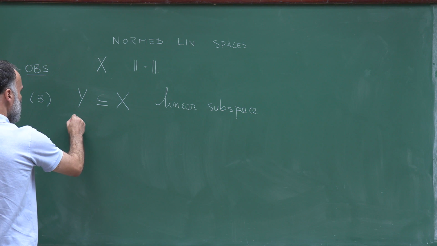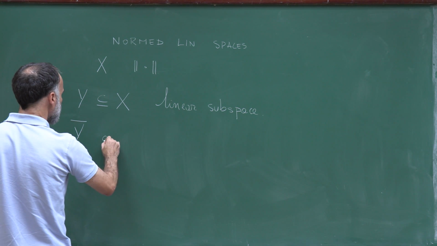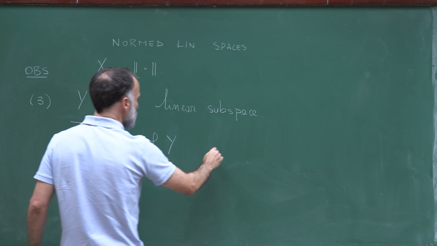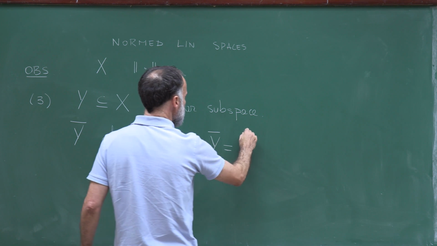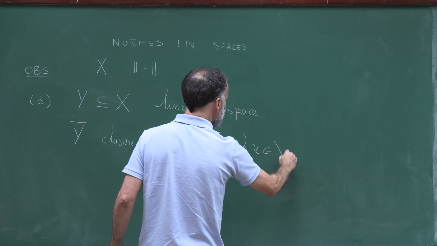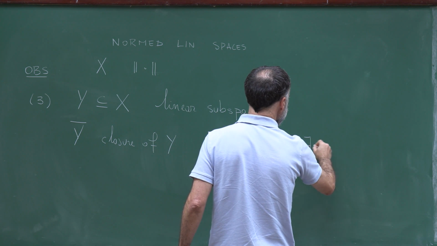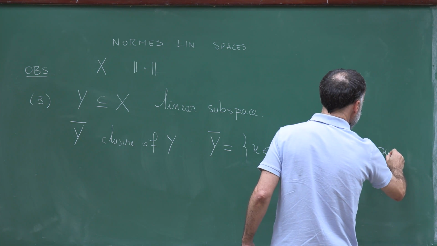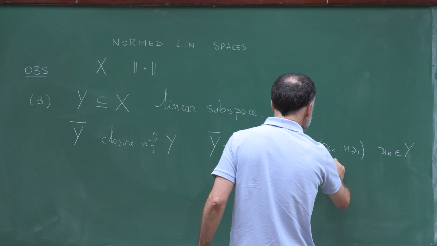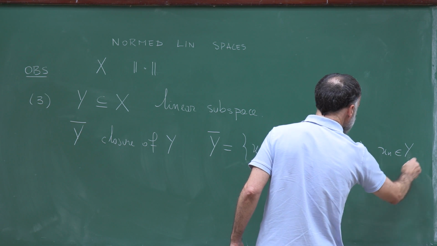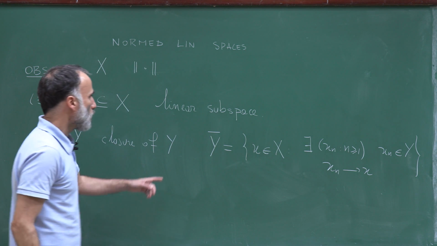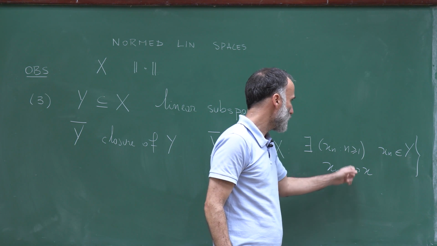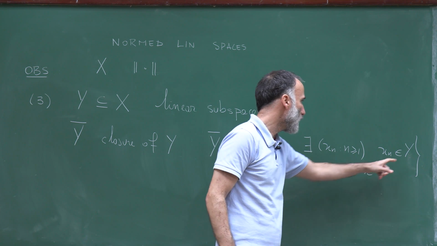Let me define Y bar as the closure of Y. So the closure, remember, is the set of all points x in X such that there exists a sequence xn in Y such that xn converges to x. So Y bar is the subset of X formed by all elements of X which can be approximated by elements of Y.